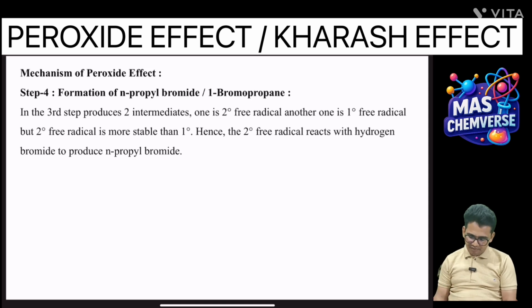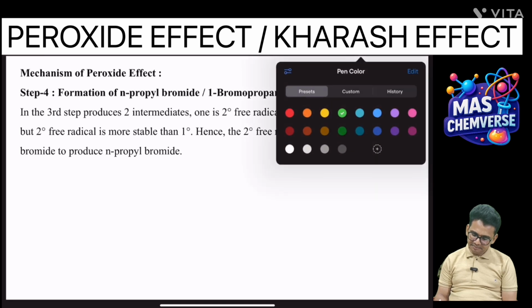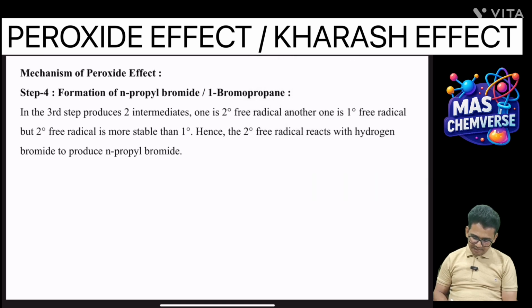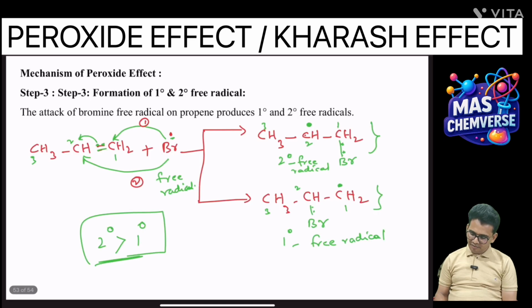How is it going to be formed? Here what do we have to take? Primary alkyl halide? We have to take primary or secondary? Secondary. Why do we have to take the secondary free radical? Here it is forming the secondary, here it is forming the primary.